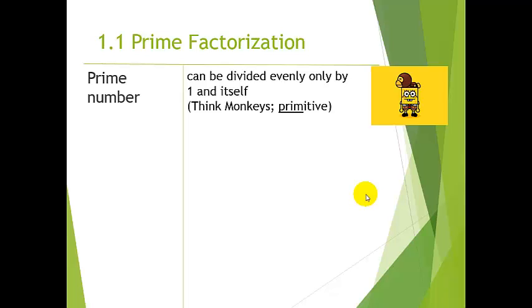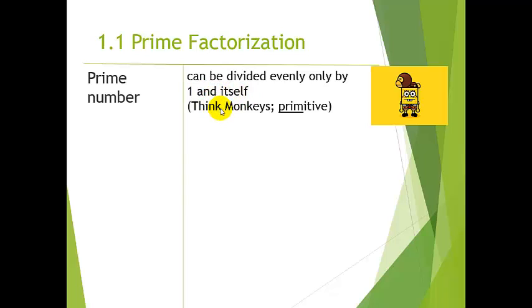Now, in addition to being odd or even, a number is going to be prime or what we call composite, and that's going to be our next definition. Let's take a look at a prime number. As a clue, they're going to be odd numbers with the exception of 2. It's a number that can be divided evenly, meaning with no remainder, only by 1 and itself.